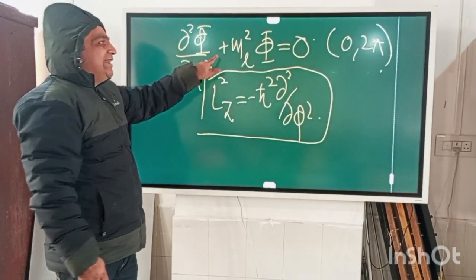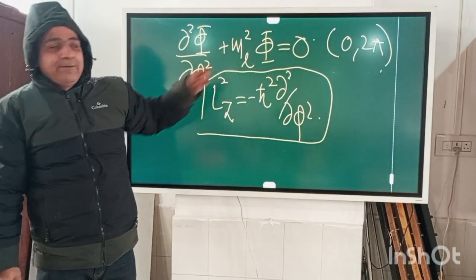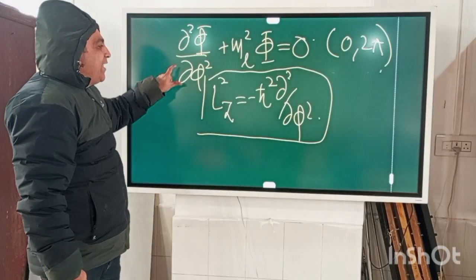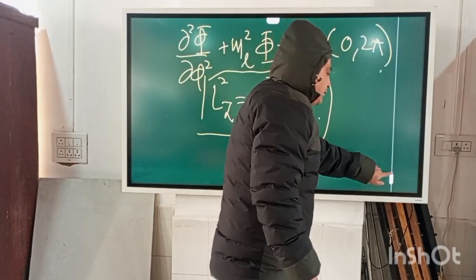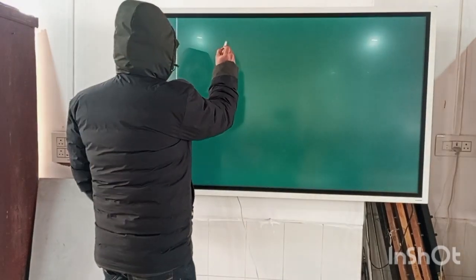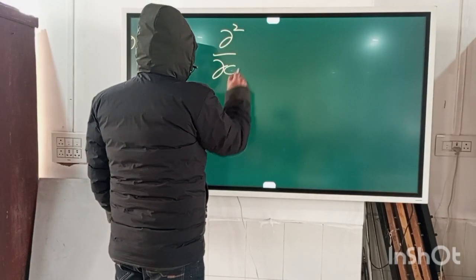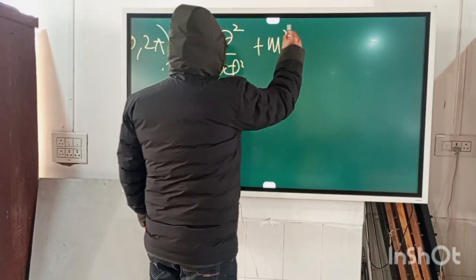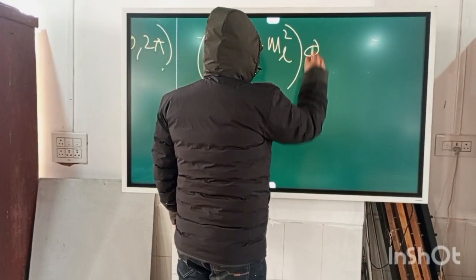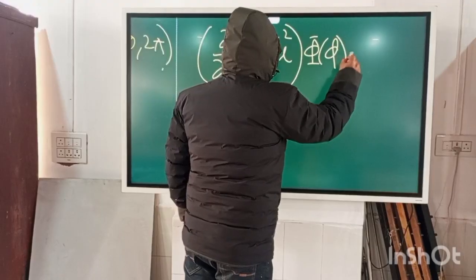Can I use this in this equation? Because I have ∂²/∂φ². If I rewrite this equation, you have ∂²/∂φ² plus ml² times Φ(φ) is equal to 0.